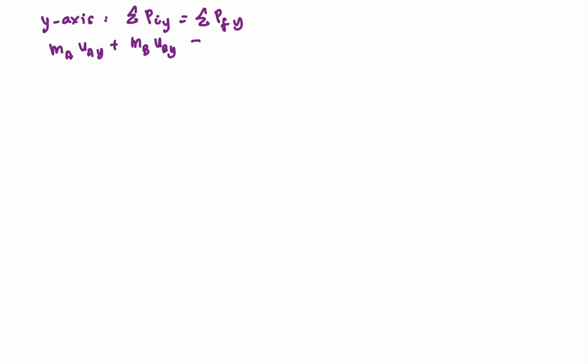Okay, next for the y axis, it will be summation p initial y equal to summation p final y. So for the y component, it will be m_a u_a y plus m_b u_b y equal to m_a v_a y plus m_b v_b y.